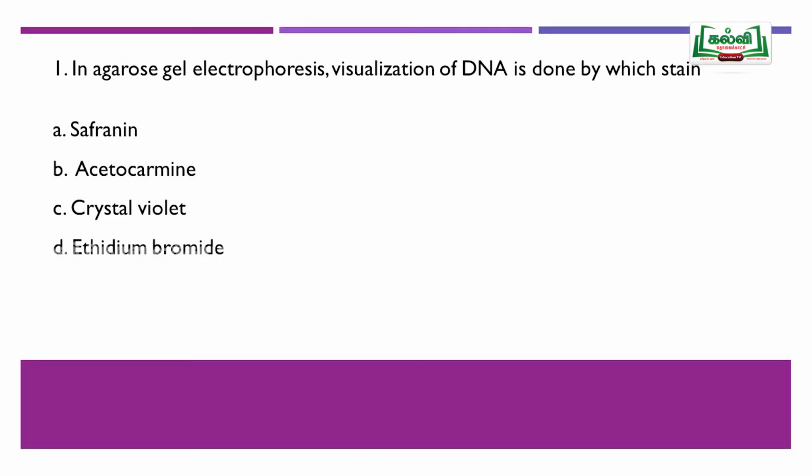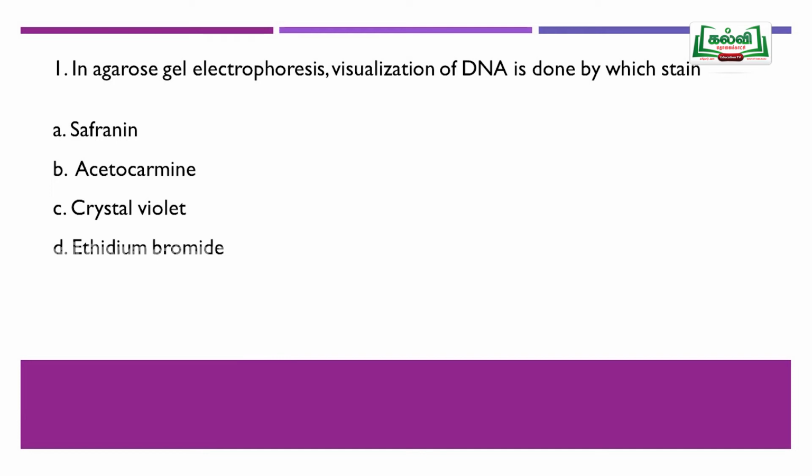Next we will discuss certain need based questions. The first question: in agarose gel electrophoresis, visualization of DNA is done by which stain? Several options are given: safranin, acetocarmine, crystal violet, ethidium bromide. Safranin and acetocarmine are used for nuclear staining.